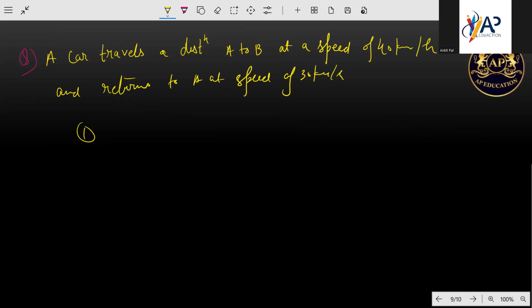What is the average speed for the whole journey? Tell me.